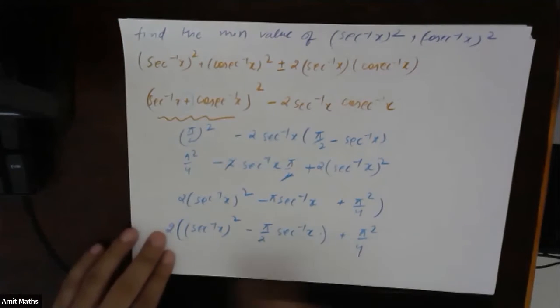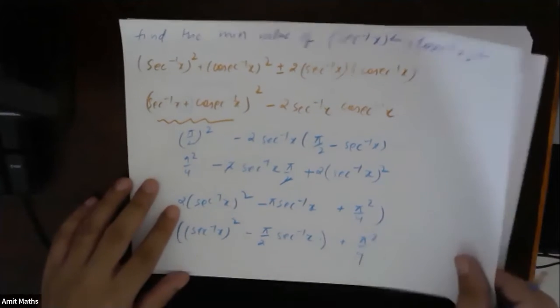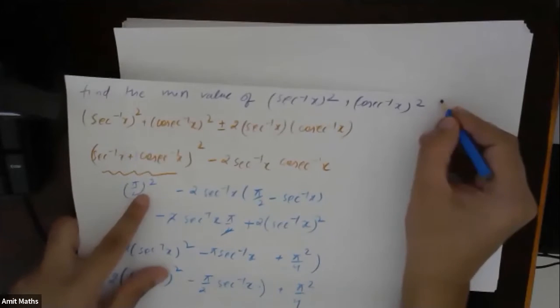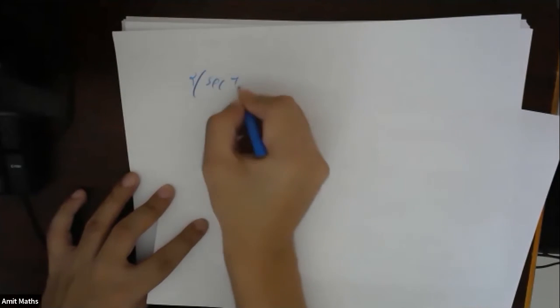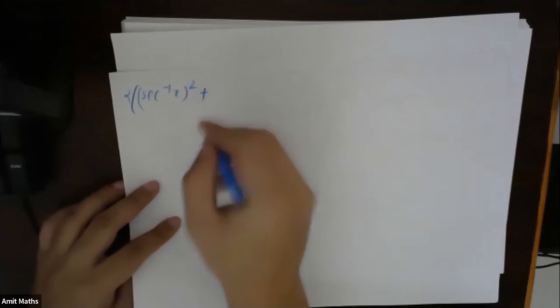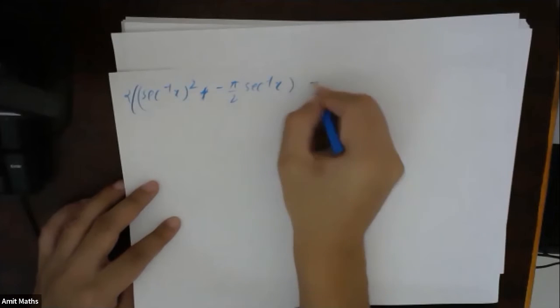Fine. So when we convert this into a perfect square, I'll write in the next page. This is 2 into sec inverse of x whole square minus pi by 2 sec inverse of x plus pi square by 4, and we add and subtract pi square by 16.